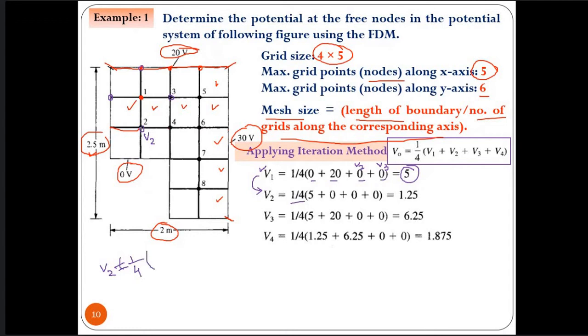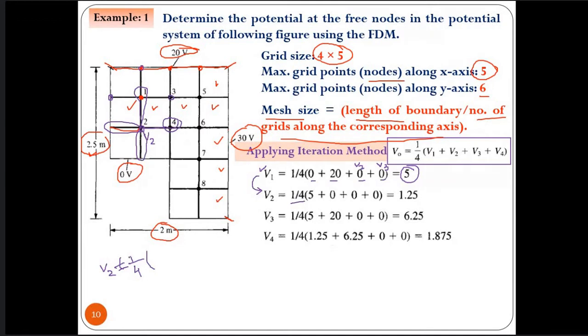The potential at node 2 will depend on which nodes? The nodes that are directly connected: node 1, node 4, and these two boundary fixed nodes.